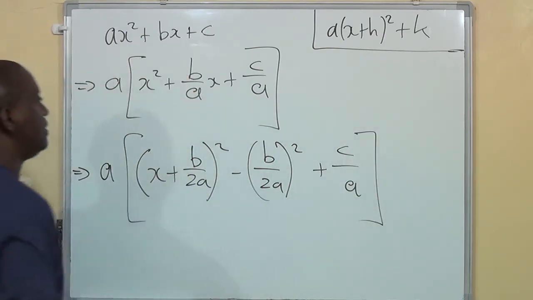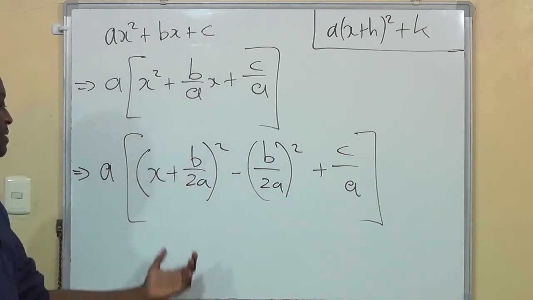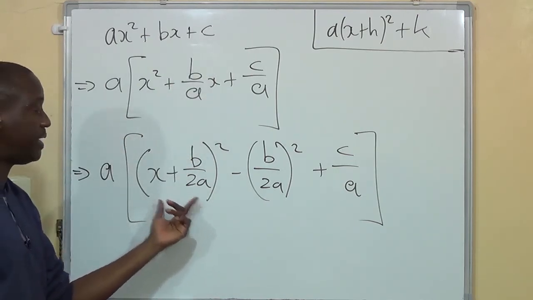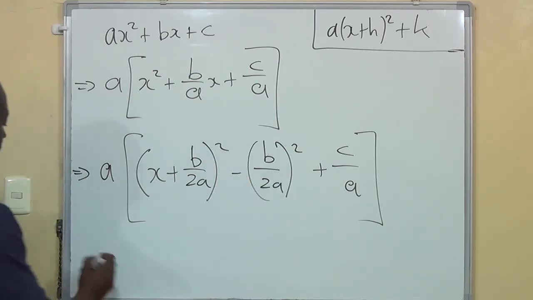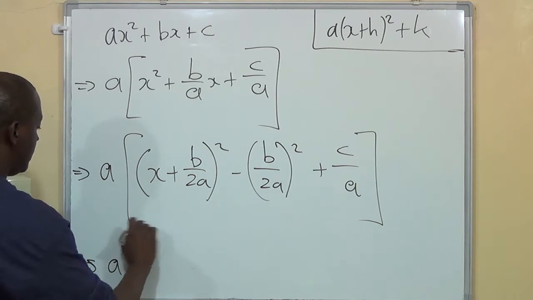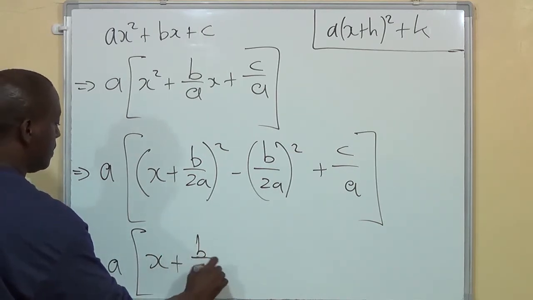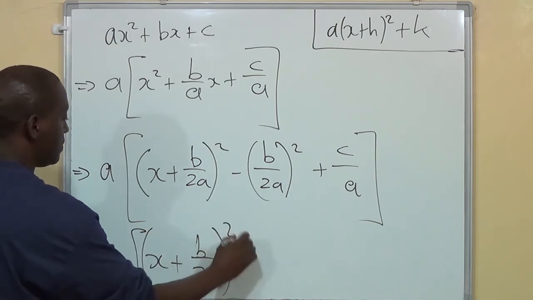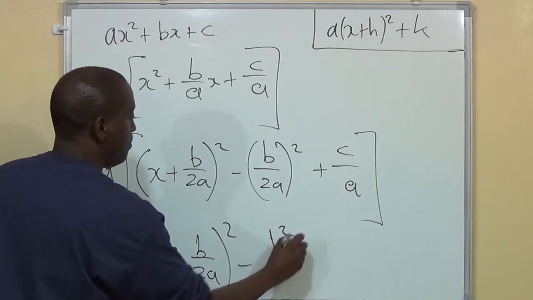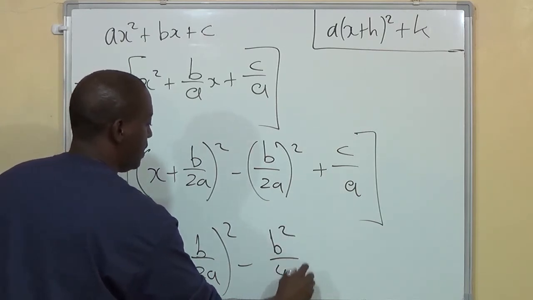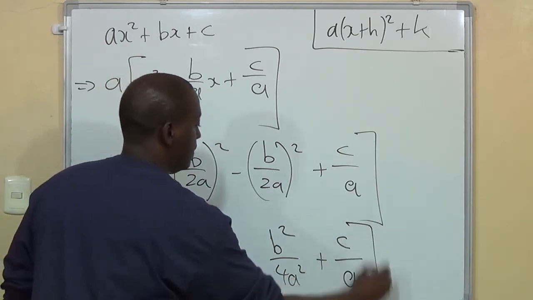So what we have just done is taken x squared plus b over a x and expressed it as x plus b over 2a squared minus b over 2a squared. And then we continue. So the next line will be a into square brackets again, x plus b over 2a squared minus, we work this out now, b squared over 4a squared, plus c over a.